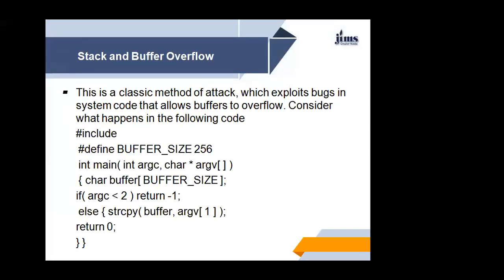If argc is less than 2, then return -1. Else, copy the string, that is strcpy buffer, argv[1], and return 0. So this is the classic method of attack which exploits bugs in system code that allows buffers to overflow.